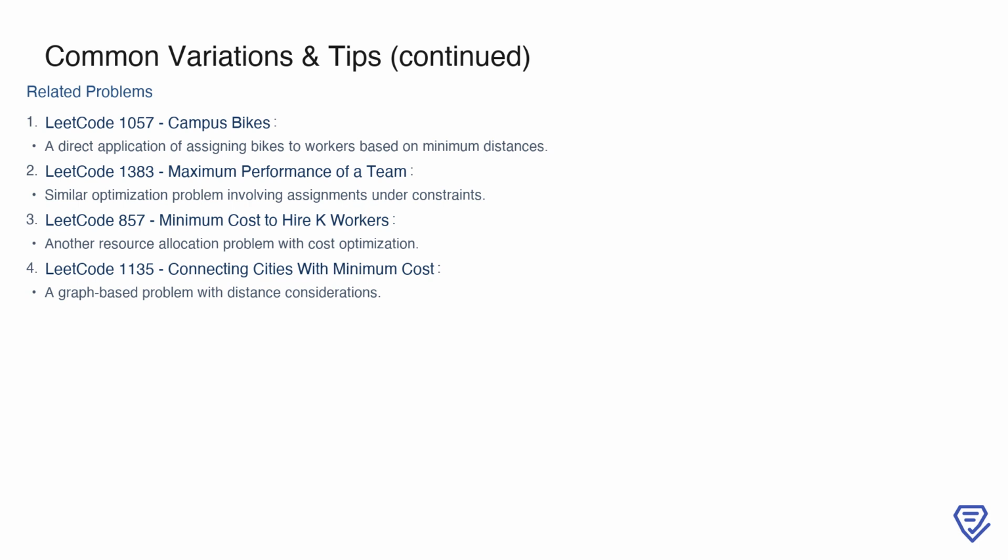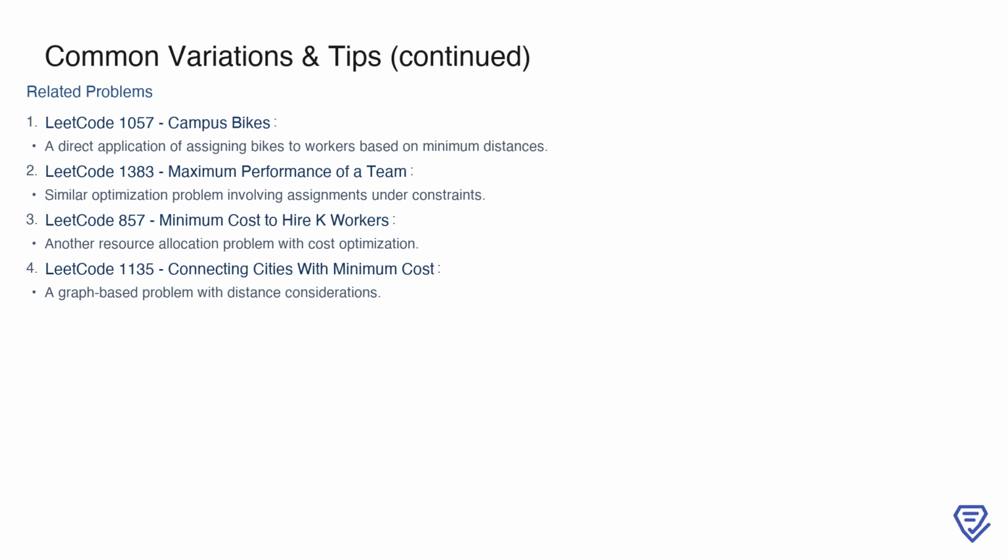Similarly, LeetCode 857, Minimum Cost to Hire K Workers, focuses on resource allocation under cost constraints, which parallels the decision-making process in this problem. Finally, LeetCode 1135, Connecting Cities with Minimum Cost, introduces graph-based optimization, where minimizing distances or costs is a key factor. By exploring these related problems, you can strengthen your skills in tackling a variety of assignment and optimization challenges.